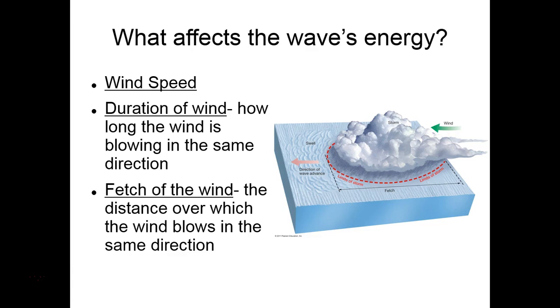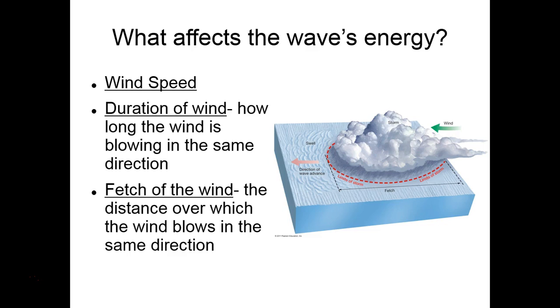Okay, so what affects how large waves get, or the energy of a wave? There are 3 factors to consider in how large a wave can be. One is wind speed. So how fast is the wind blowing? Two is the duration of the wind. How long is the wind blowing for?